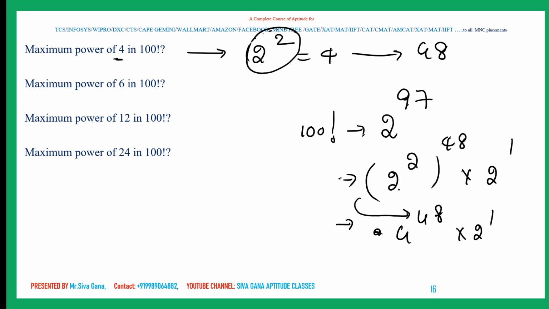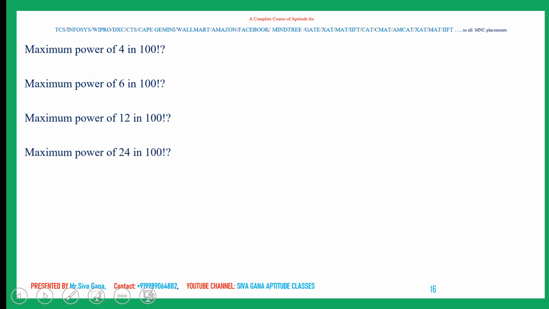In this way we have to do: write the composite number in terms of prime bases. This is base, this is power, prime bases, right? Now the maximum power of 6 in 100 factorial we will see. 6 in terms of prime bases is 2 power 1 into 3 power 1.